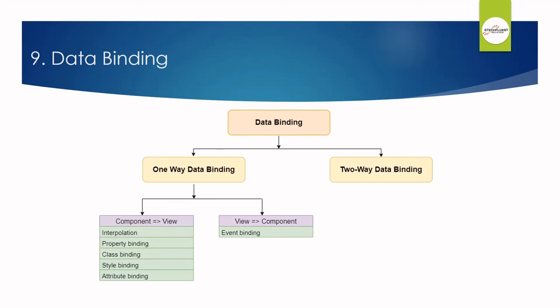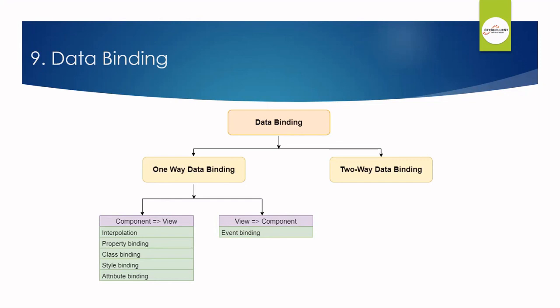Two-way data binding allows your application to share data in two directions, that is from component to template, or you can say the view, and from view to component. In one-way data binding, there is only one direction. This makes sure that the model and the view present in your application always stay synchronized.